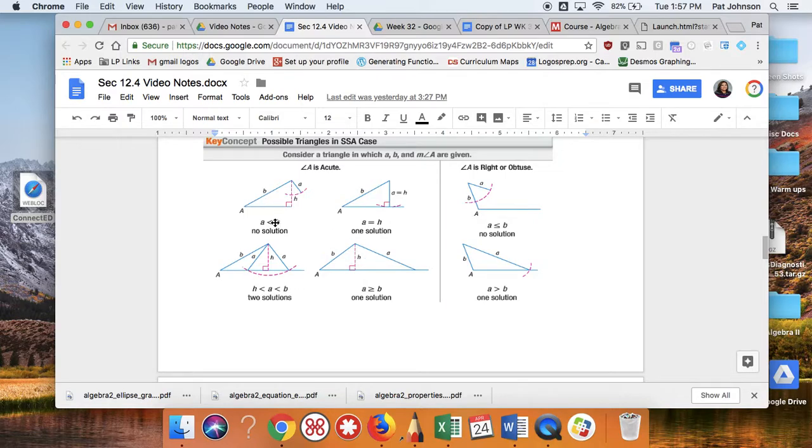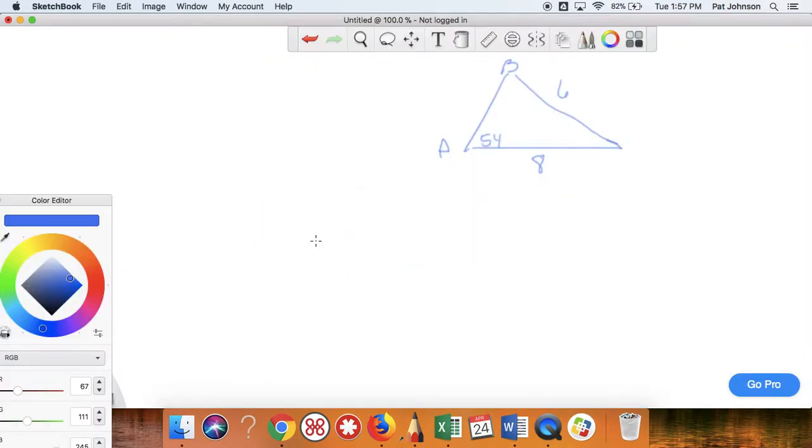The first thing we have to identify is what is H. So H is going to be the other side, 8 times sine of 54. When you do that, you get approximately H is 6.5.